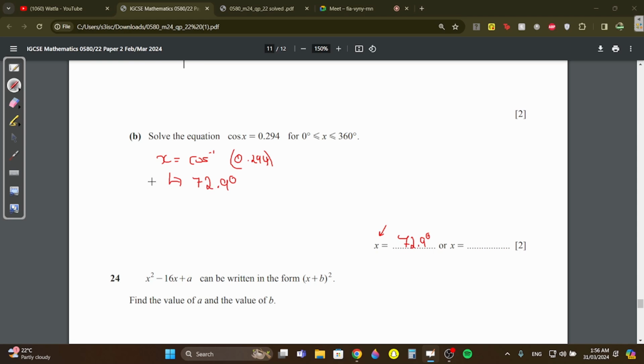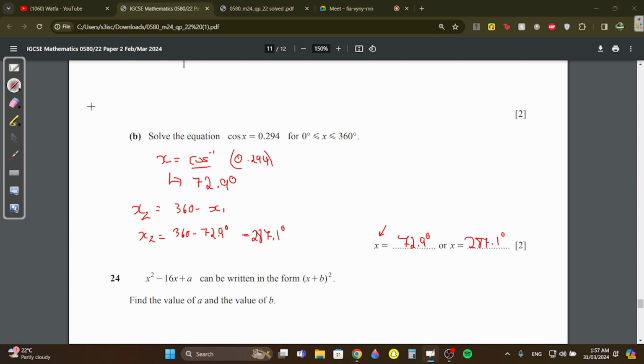When you're working with cosine, your second solution will always be 360 minus the first solution. So x2 will be equal to 360 minus 72.9 degrees, which is 287.1 degrees.